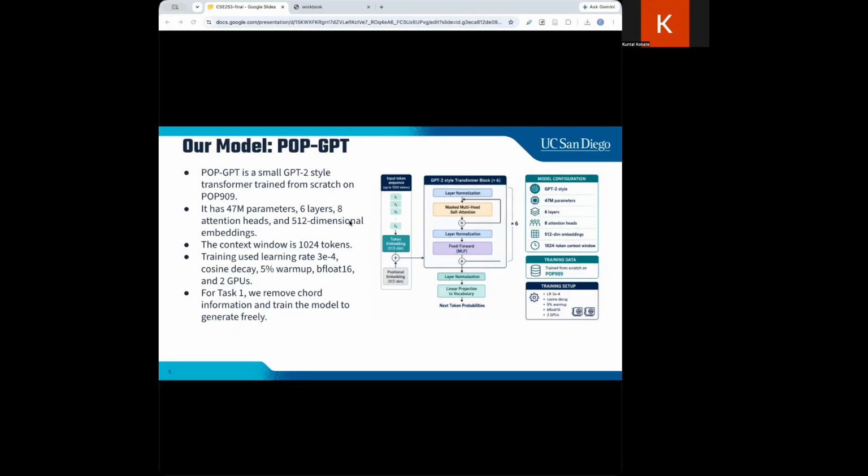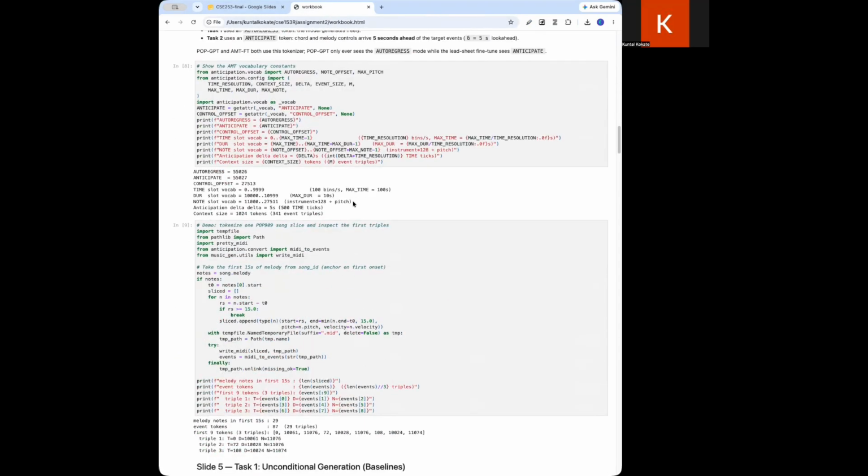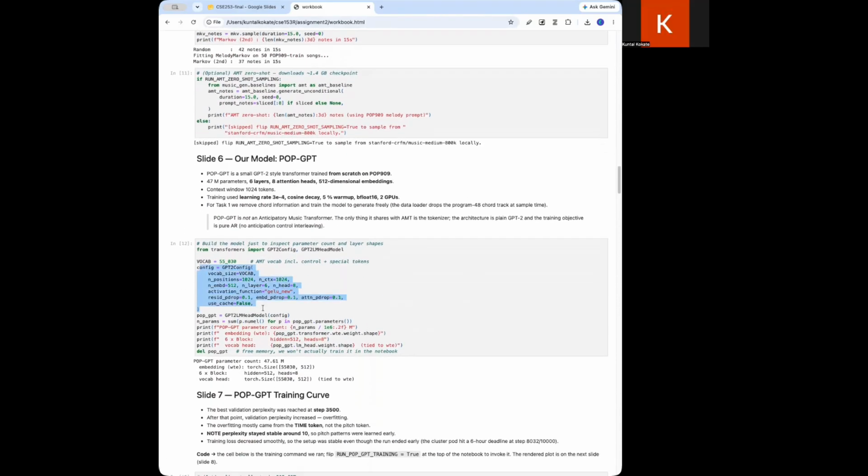POP GPT has 47 million parameters, which contains 6 layers, eight attention heads, 512 dimensional embeddings, and a 1024 context window. We can see this particular config mentioned here, which is configurable.